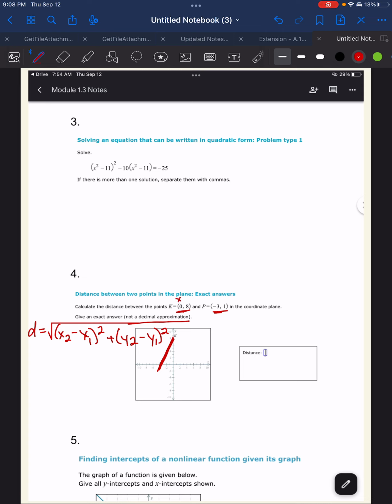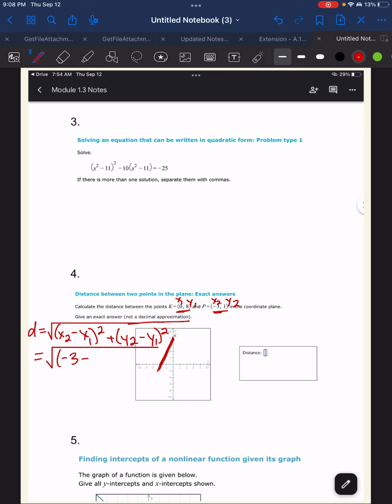This is x1, this is y1, this is x2, this is y2, and all you're going to do is substitute in your x2s and your y2s.